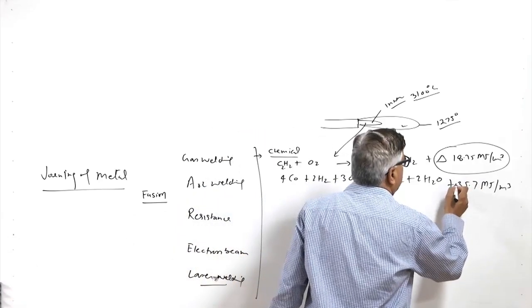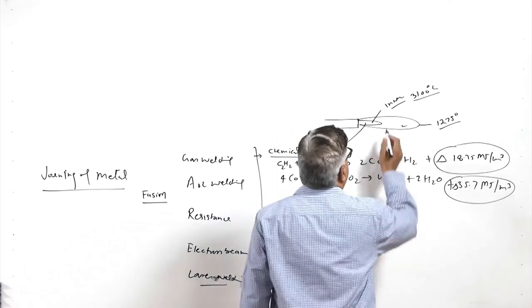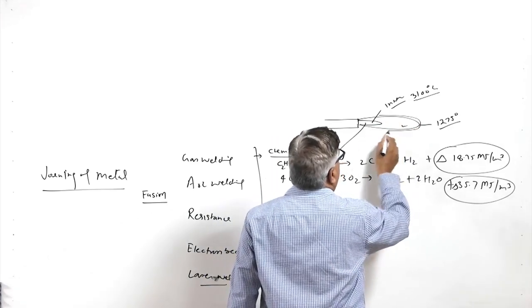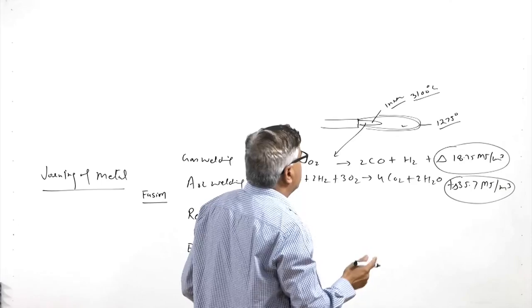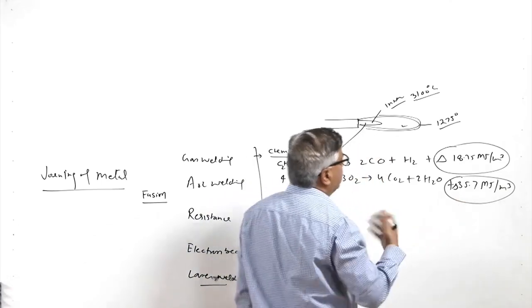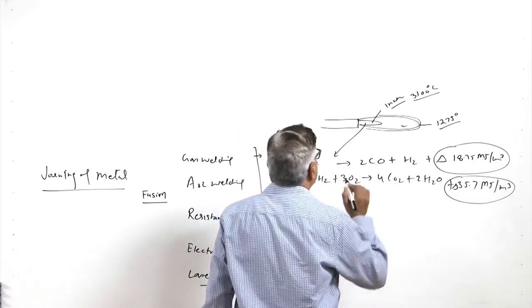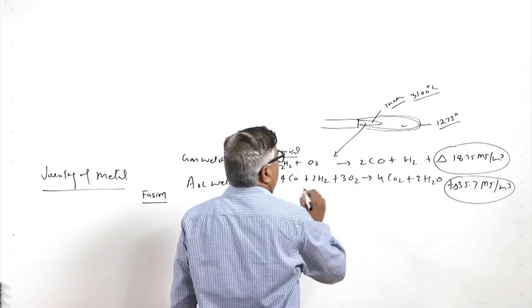This is a big exothermic reaction and a lot of heat is generated, but since the area exposed to ambient conditions is much larger, despite the greater heat generation, it results in a lower flame temperature on the outer side.